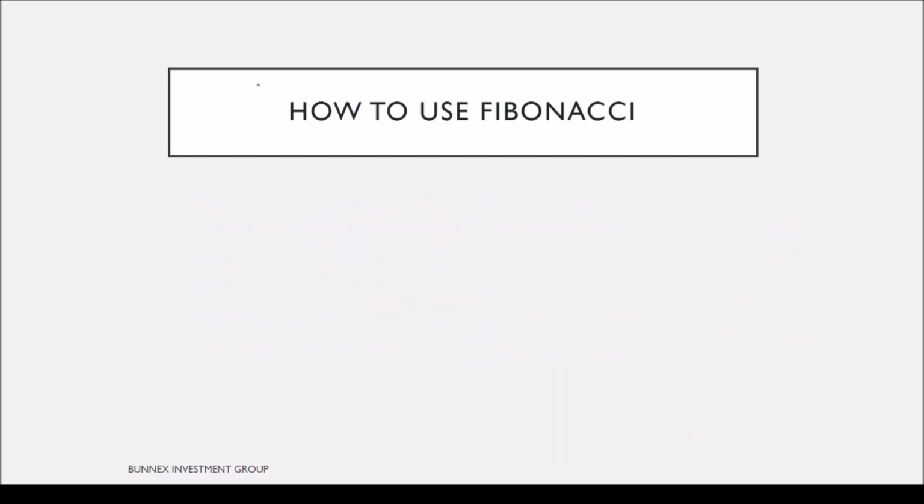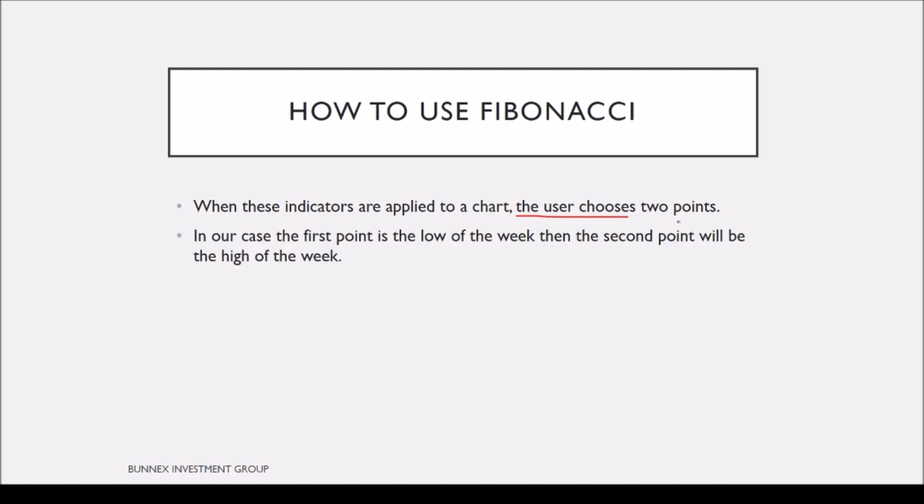So here's how you can use the Fibonacci tool. When this indicator is applied to a chart, the user chooses 2 points, which are basically the lowest point and the highest point. In our case, the first point is the low of the week. Then the second point is the high of the week.